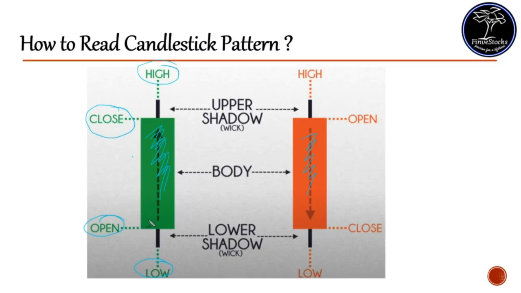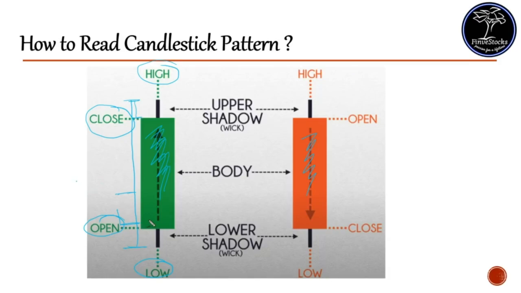Now let's see how to represent a bullish as well as bearish candle. In this particular example, assume the stock price opens here at the open point. From the open point, the stock moves down and it goes to the lowest point of the session, that is the low point. From there, it moves back to the high point of the session and from there it comes back and closes at the closing point.